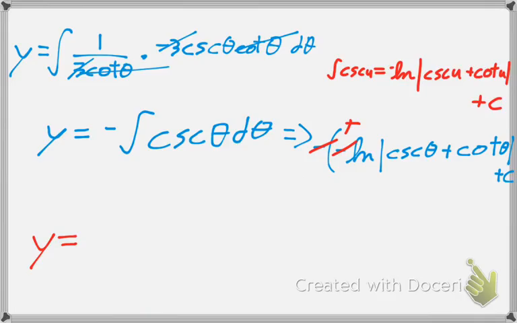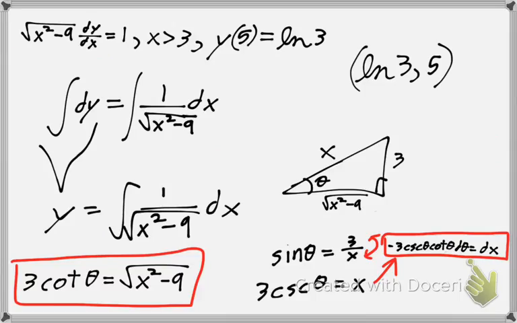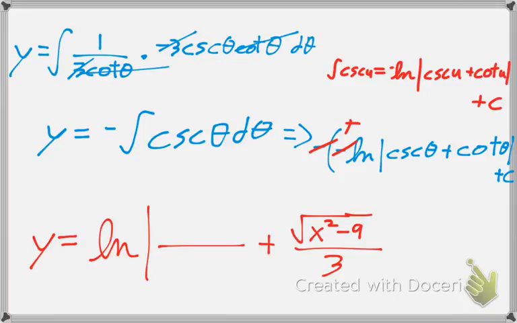So y is equal to the natural log of the root of x squared minus 9 over 3, plus, since we have cosecant theta, we'll just reverse it: cosecant theta would be equal to x over 3. Sorry. So plus c, and there's your basic equation.